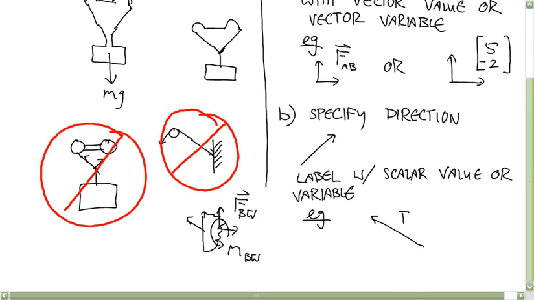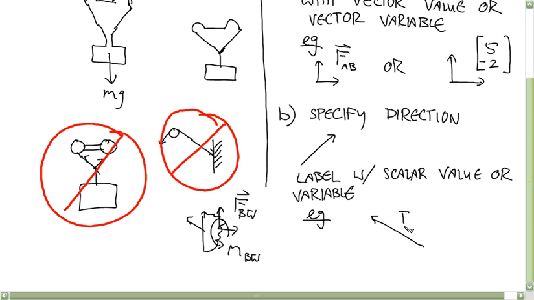I saw a lot of cases where people would draw a known direction and then label it with a T with a vector symbol over it, okay? Don't do that. Specifying a direction like this means that you only have a single unknown, right?